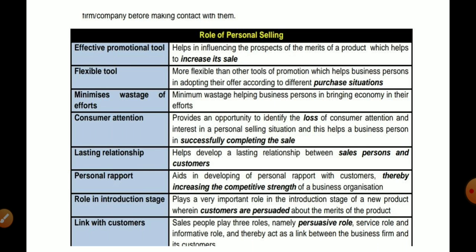Role in the introduction stage: when the product is new, you have to introduce it to the customer because they do not trust the product, but if someone explains it in an effective manner, they can purchase it. Link with customer: the salesperson sometimes plays a persuasive role, service role and informative role also. They persuade customers to purchase the product and act as a link between the business firm and the customer.